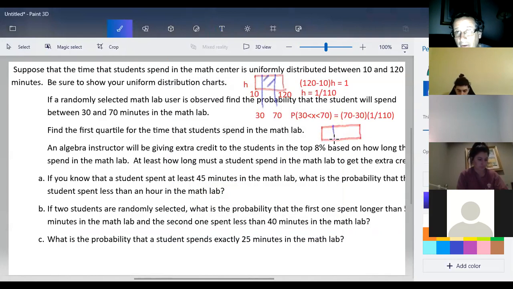Somewhere in here, I can draw that. And what does 0.25 correspond to, in one word or a few words?